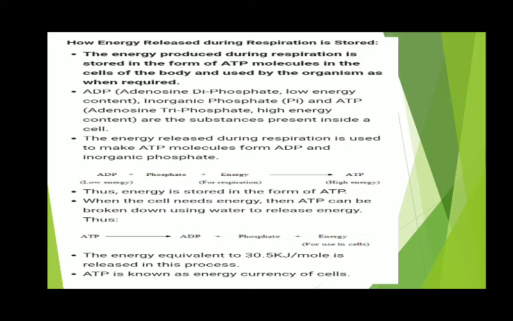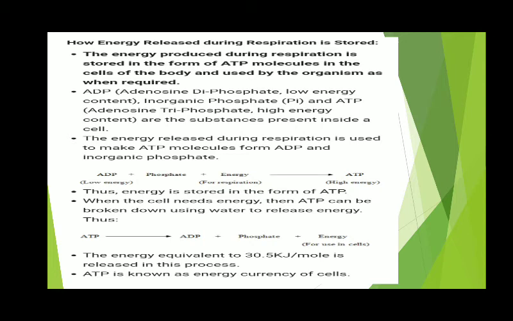It uses the energy released during respiration to form the ATP molecule, which has high energy content in the cell, and the energy is stored in the form of ATP molecules.